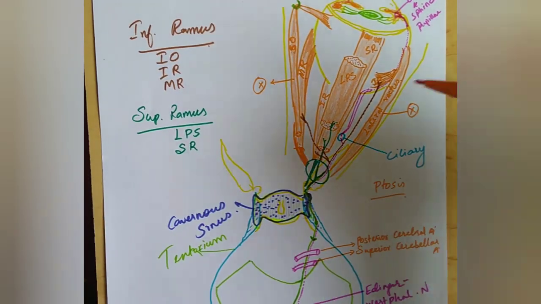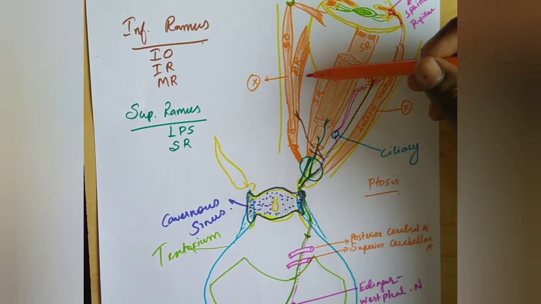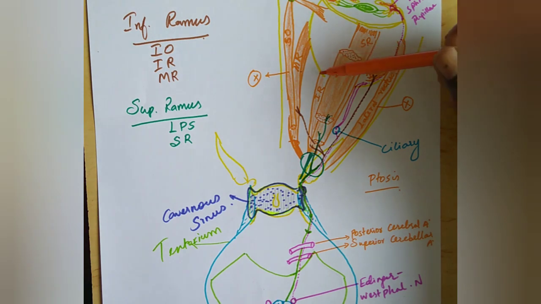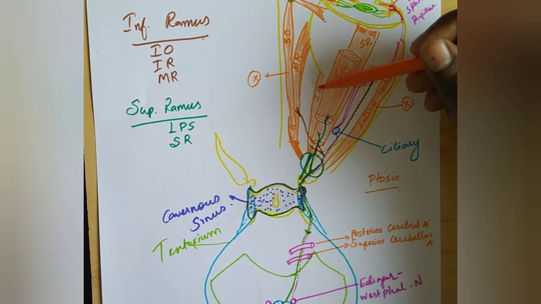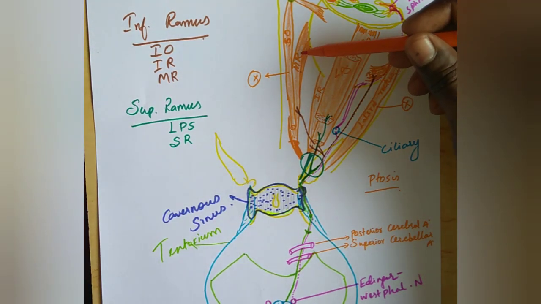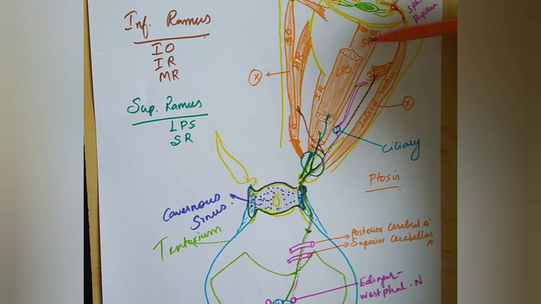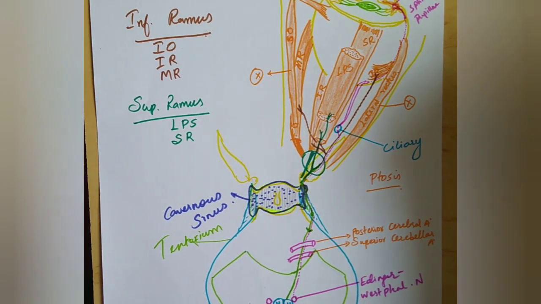Next, it mainly supplies the muscles which cause medial deviation and the inferior muscles. It supplies the medial rectus, inferior rectus, superior rectus, and inferior oblique. Only the lateral rectus, the lateral deviation muscle, is not supplied.